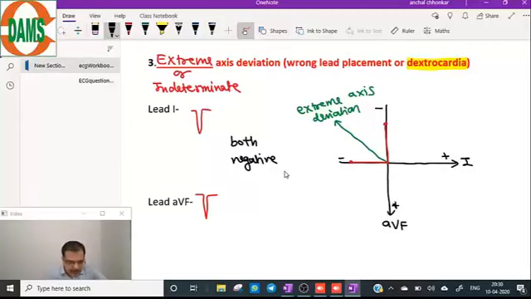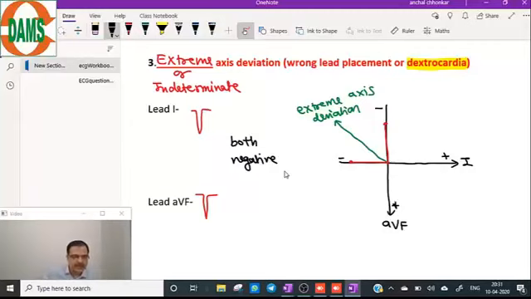Dextrocardia leads to extreme axis deviation. Range for left axis deviation is minus 30 and above. Now come to the questions.